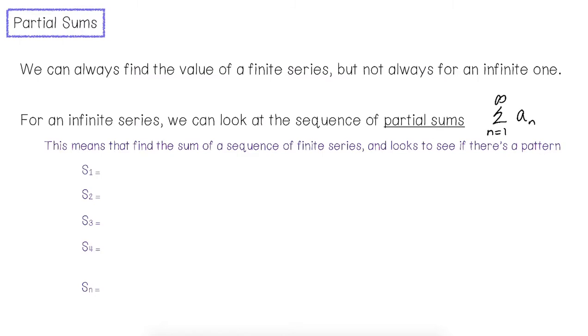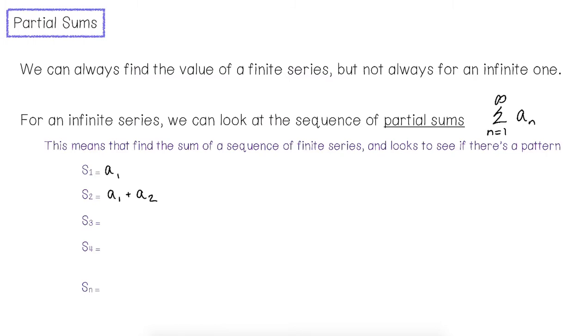Our partial sums are where you take a specific number of terms of the sequence and add them up. If I ask you for the first partial sum, we're going to call that S1. That's just going to equal the first term of the sequence. S2 is the second partial sum, where I add up the first two.